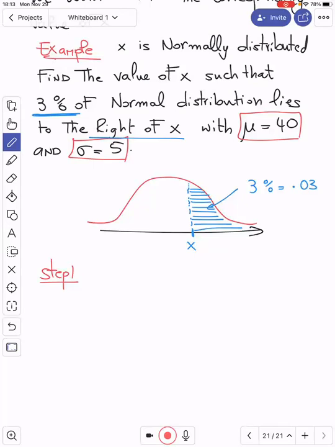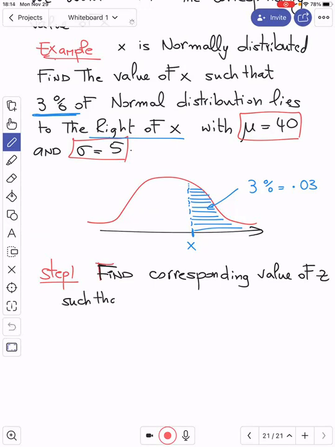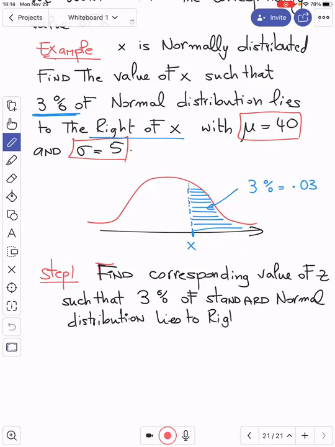So as a first step, we find the corresponding value of z such that 3% of the standard normal distribution lies to the right of z.